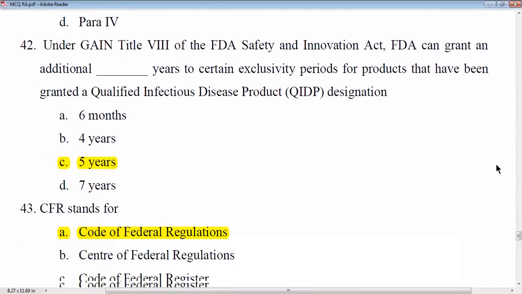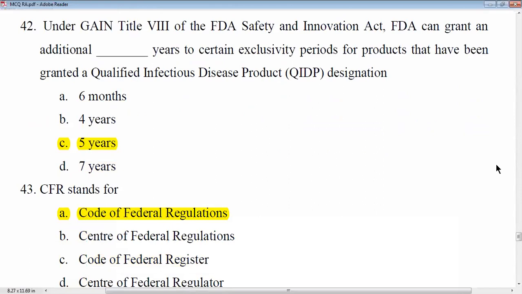Next MCQ is under GAIN, Title 8 of the FDA Safety and Innovation Act, FDA can grant an additional dash years to certain exclusivity periods for products that have been granted a qualified infectious disease product designation.